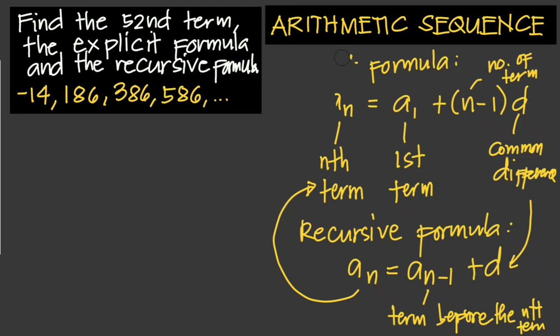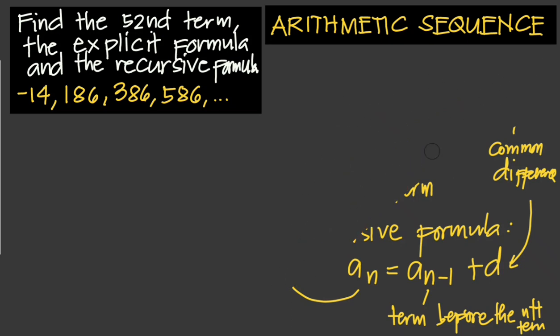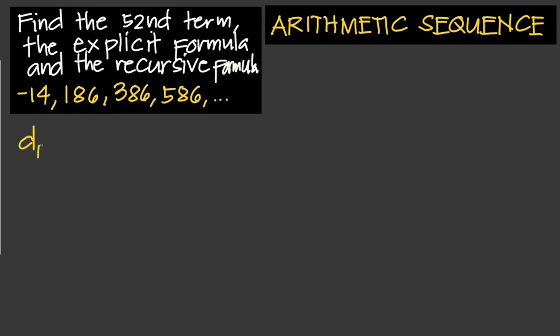Okay, let's solve the sequence here. So the first thing we do is find the common difference. That would be 186, the second term, minus the first term, 186 minus -14.